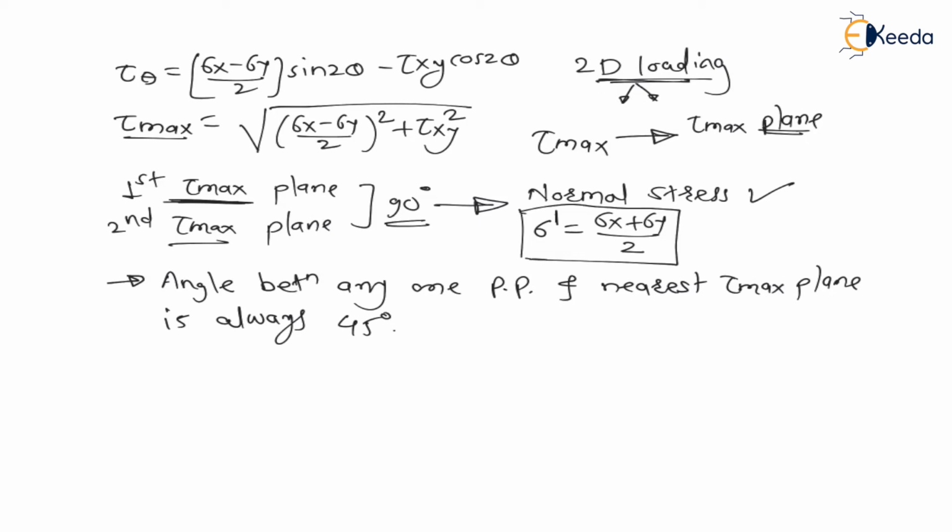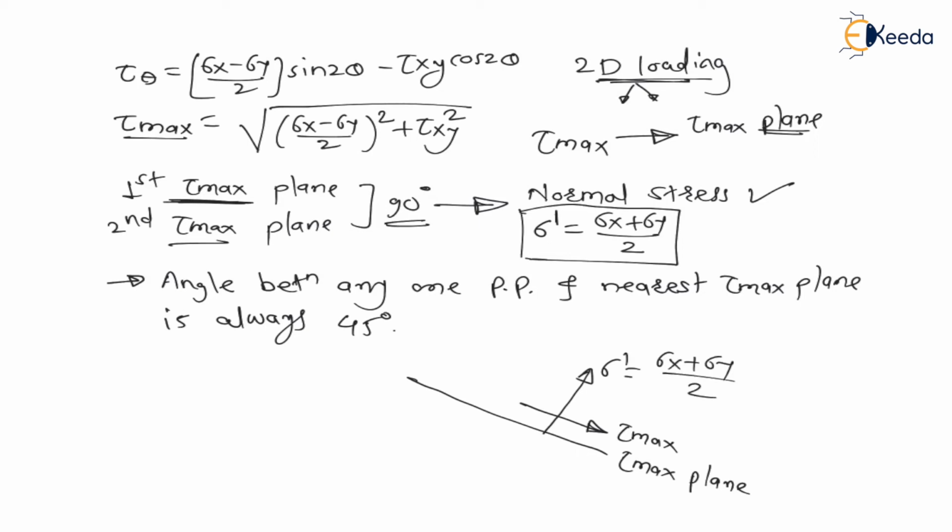That means if this is a tau max plane, then the parallel stress acting on this plane is the maximum shear stress, and the normal stress acting on this plane is sigma dash, that is sigma x plus sigma y by 2, right?